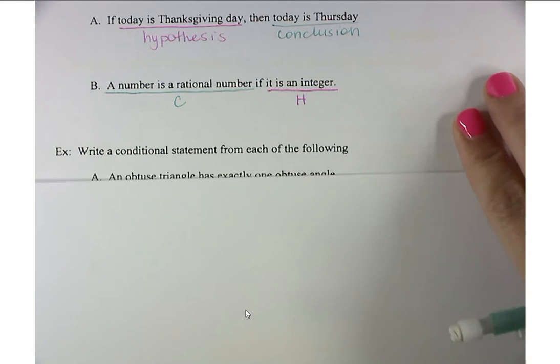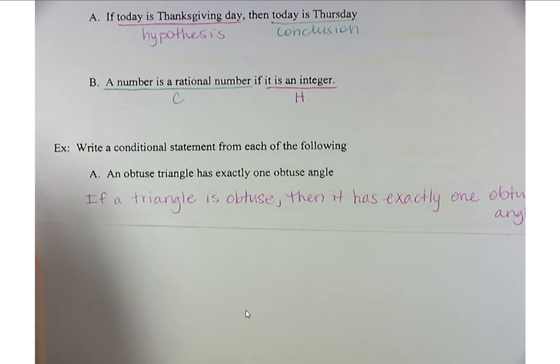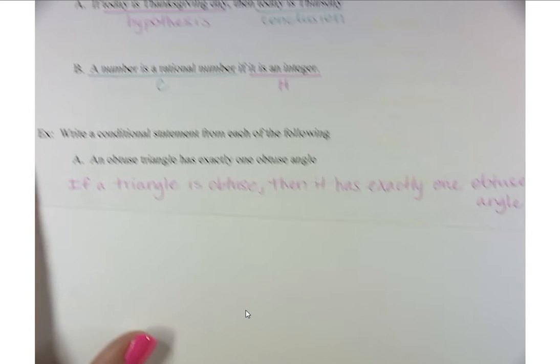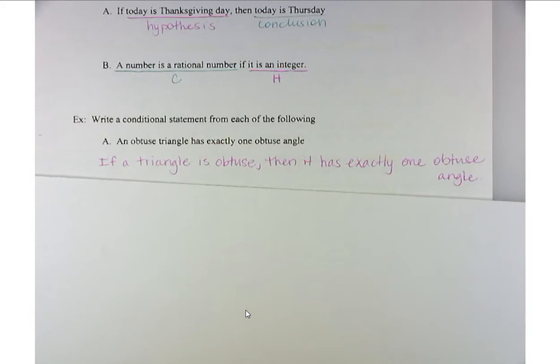I'm going to do the first one for you. One way we could say this is if a triangle is obtuse, then it has one obtuse angle. If a triangle is obtuse, then it has exactly one obtuse angle.